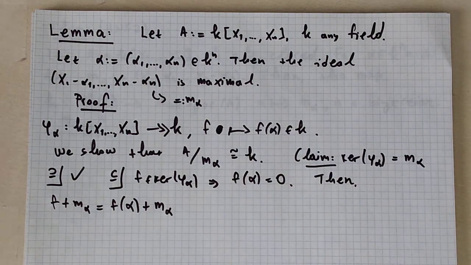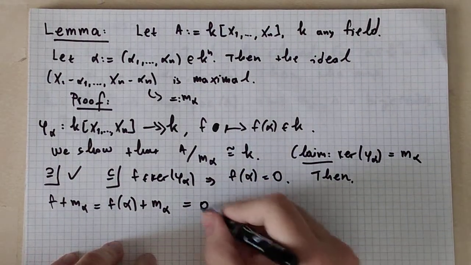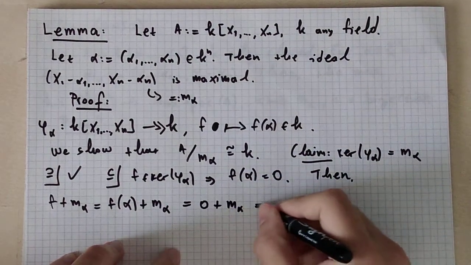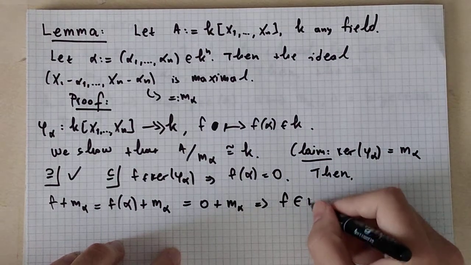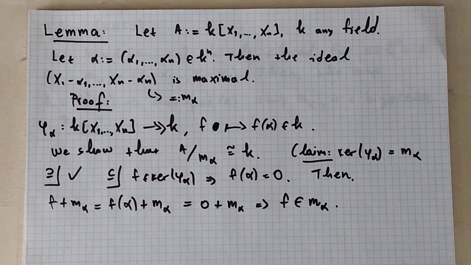So eventually what I have is f of alpha modulo m alpha. But by assumption, this is equal to 0, so of course this implies that f lives inside m alpha, and this proves our claim.